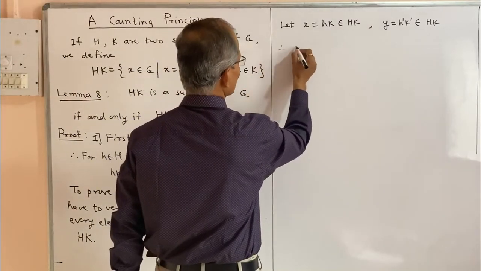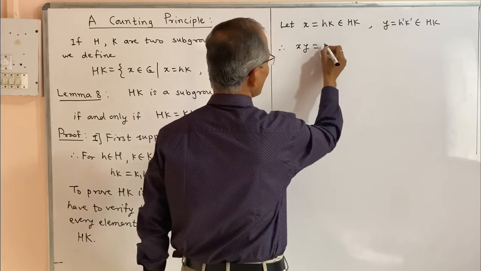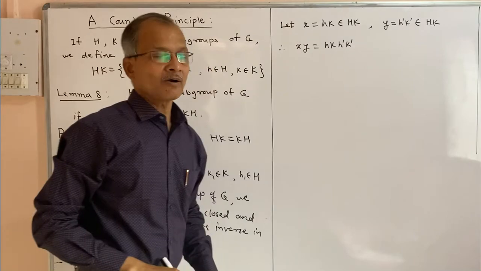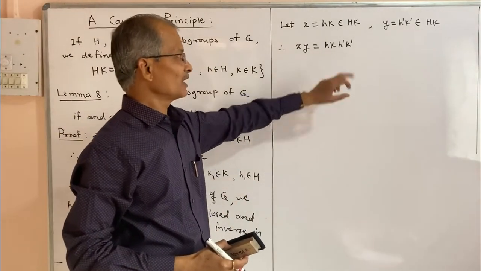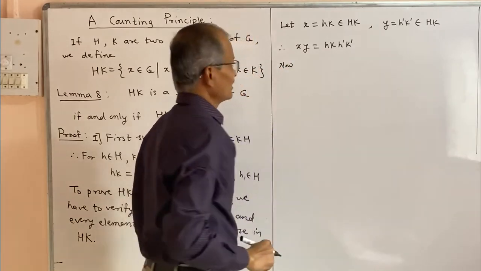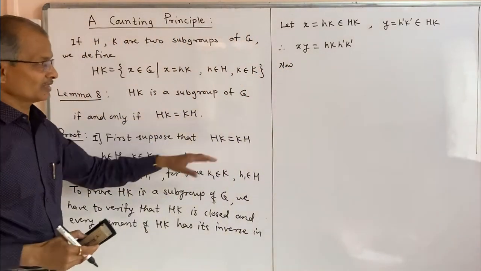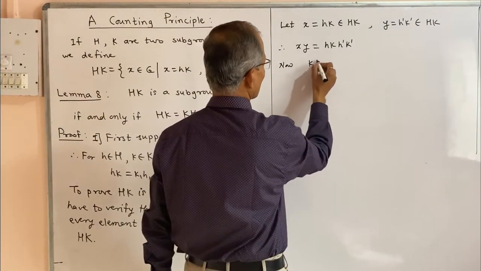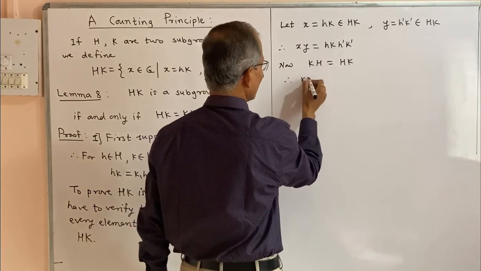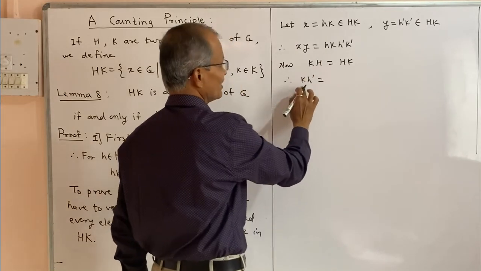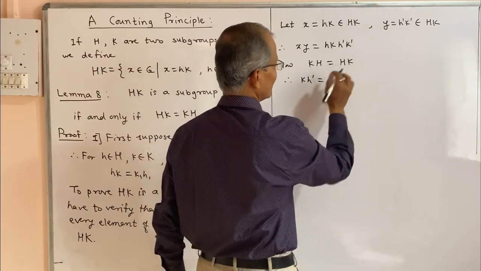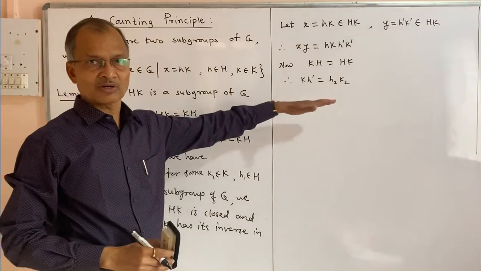Therefore the product xy will be hk into h'k'. Now we shall consider the middle two elements, kh'. Since KH is equal to HK, this element kh' can be written as an element in KH, equal to h2k2, an element in HK.